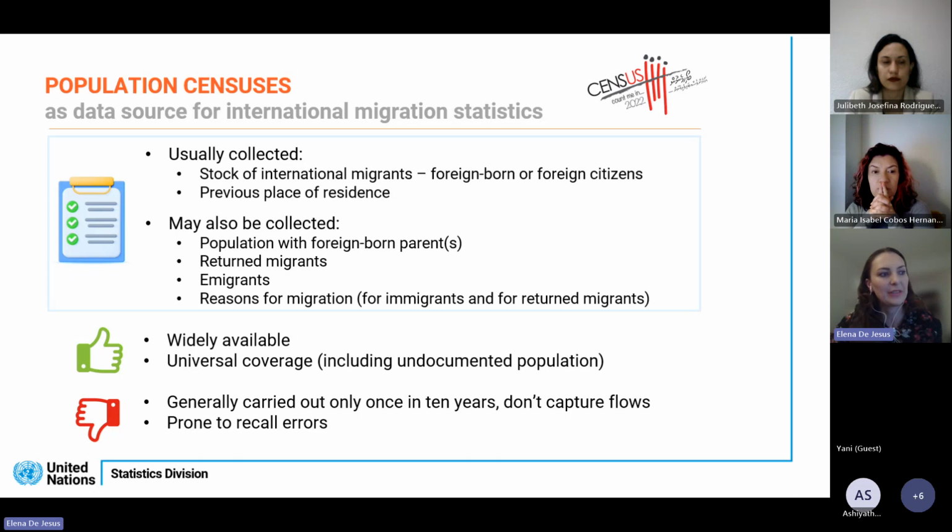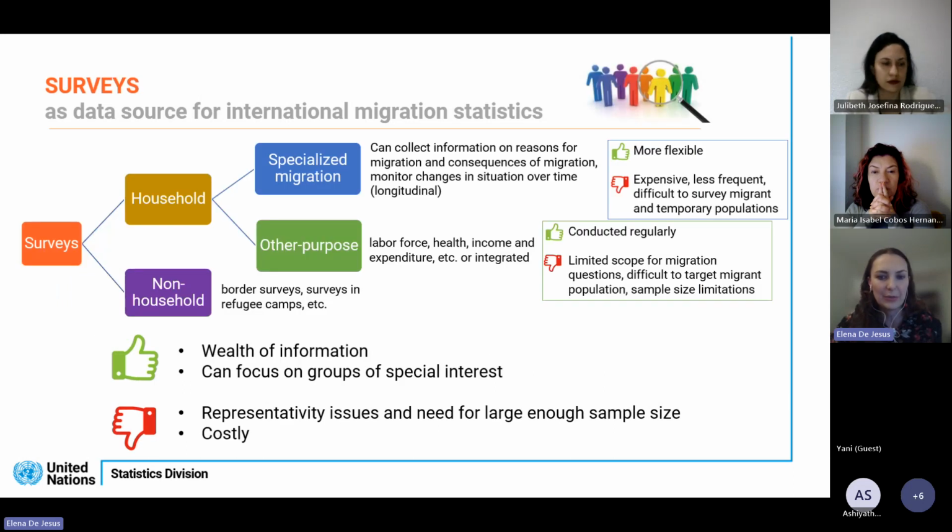So that's the population census. And then there's also, of course, the surveys. Surveys can provide a wealth of very specific information on migrants, going into more detail than the census could. We can look at surveys in two types.